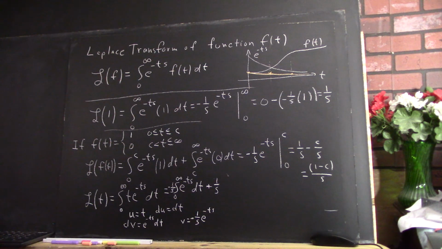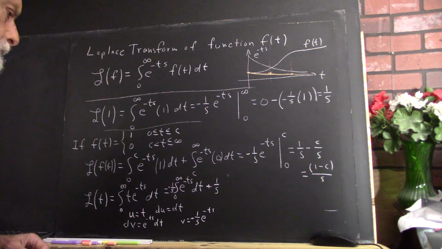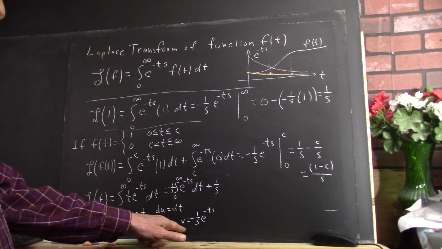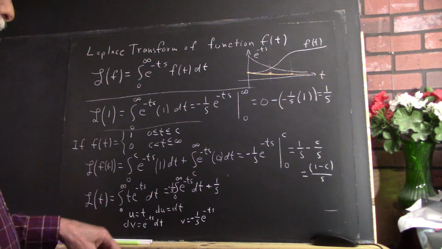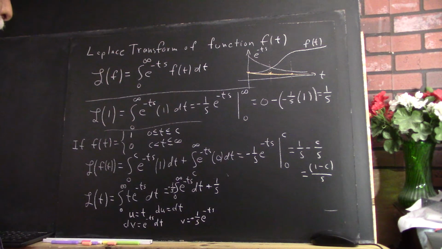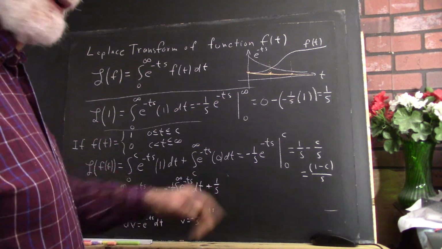Did I get that right? I think I did something in my head there. It isn't right, because my uv will still have a t in it here, and so I'm going to have to rewrite that. I don't have room to squeeze in a t.